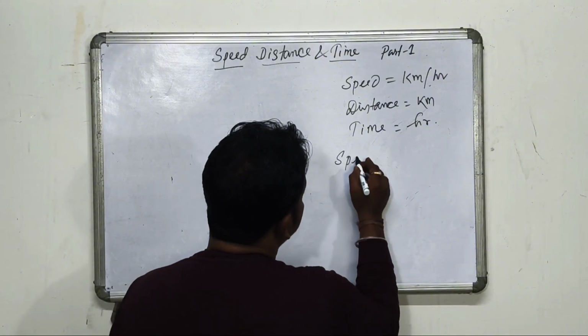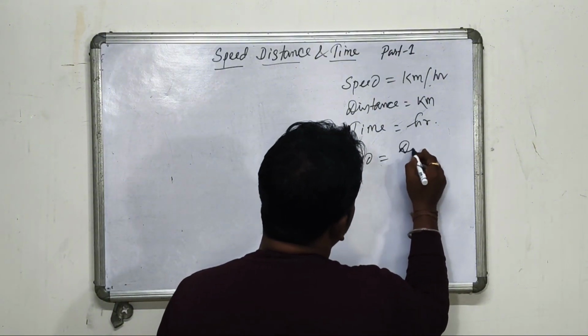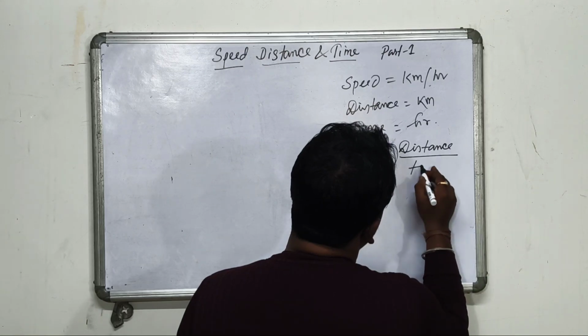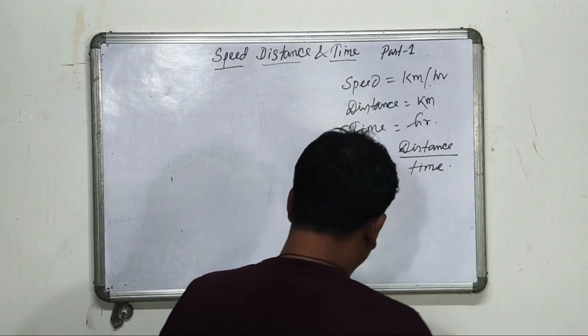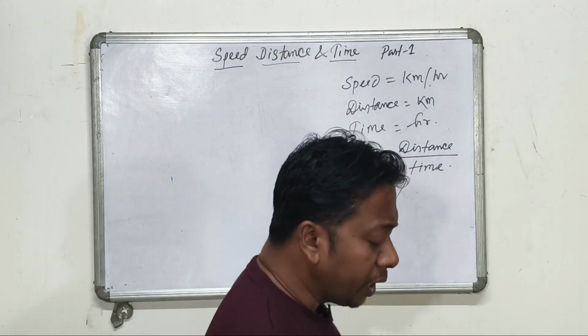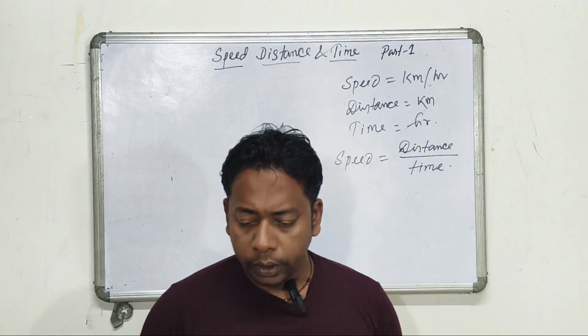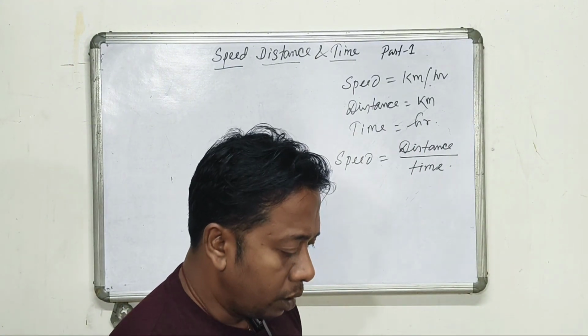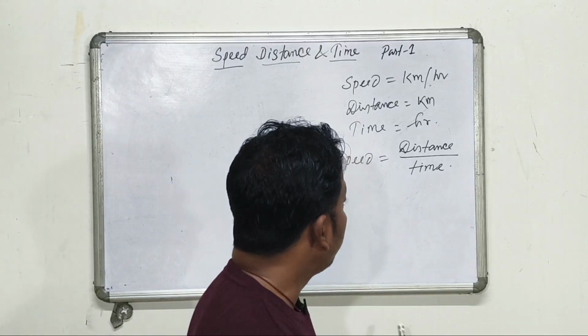The formula of the speed is distance by time. Think about, you are going to Kolkata.